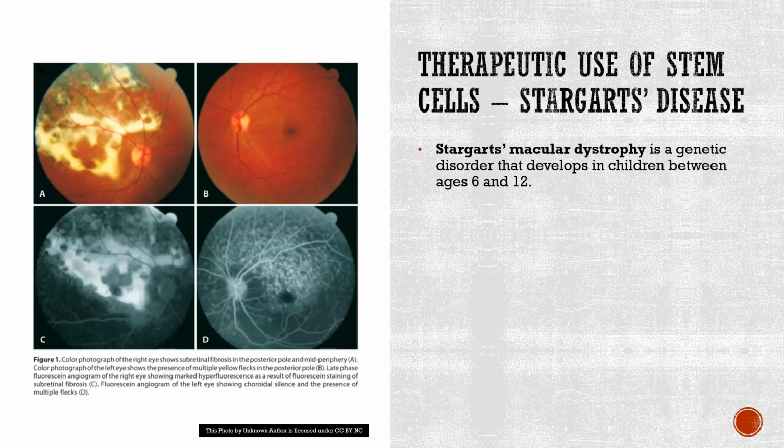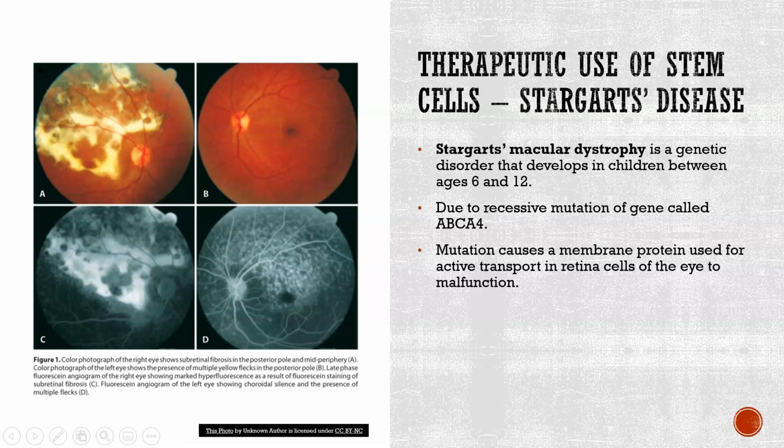Now, this disease is a genetic disorder and it affects children between 6 and 12 years of age. And it's due to a recessive mutation of a gene called ABCA4. So that is the gene, okay, and it's a recessive mutation.